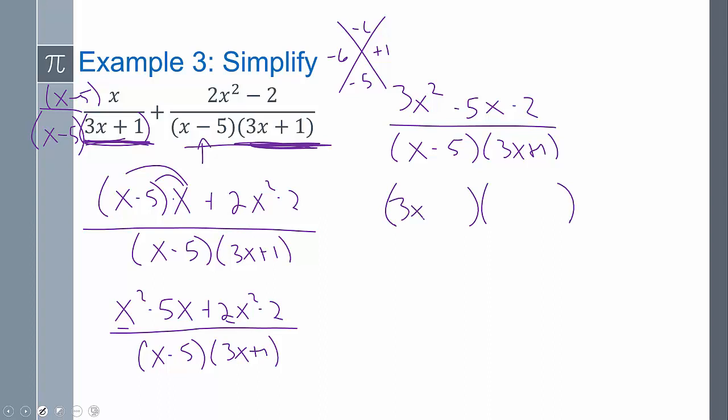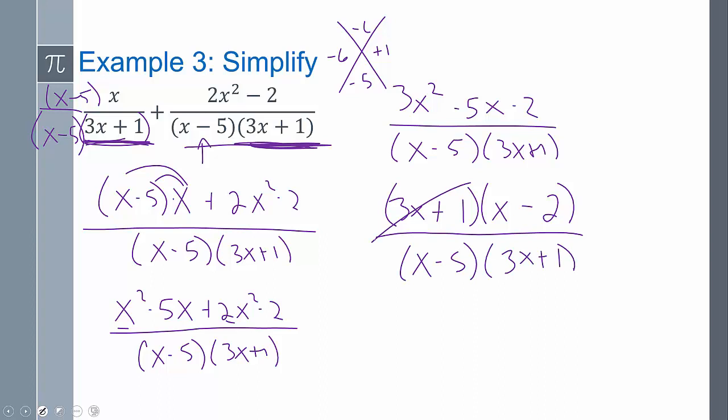So that should be that. And then on the bottom, I still have that. And so then those will cancel out. And so your answer is x minus 2 over x minus 5.